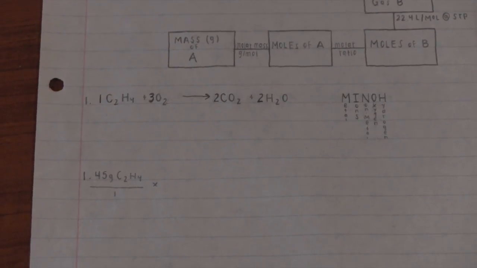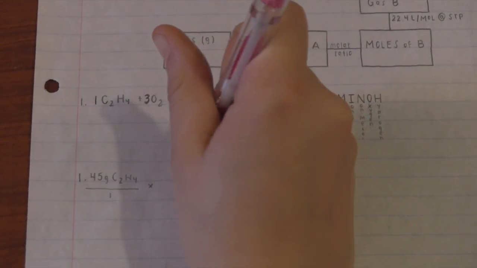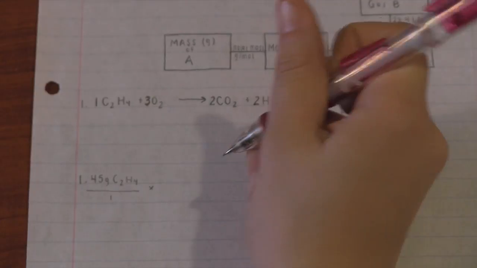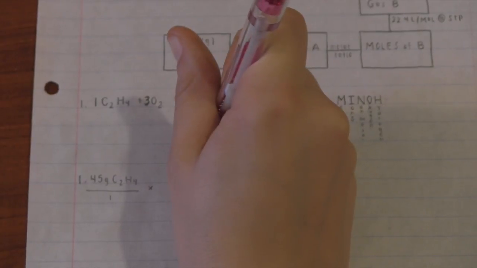When doing dimensional analysis, in order to cancel things out, you must put them on both the top and bottom. So grams of ethylene will now go on the bottom of your chemical reaction.